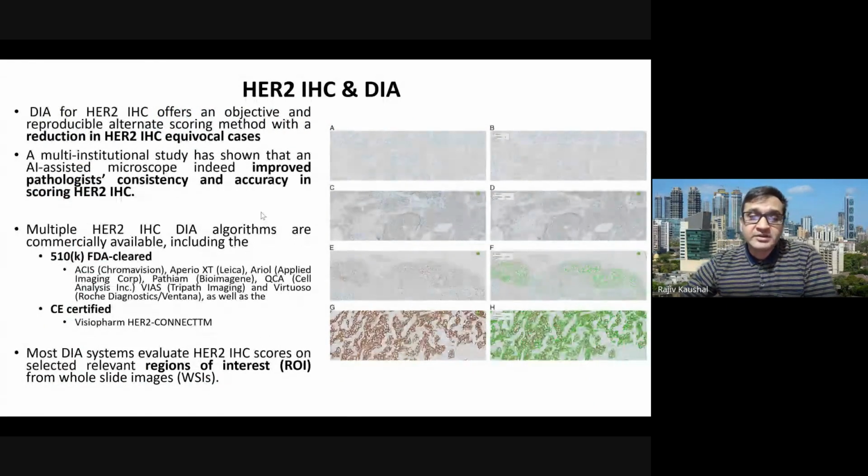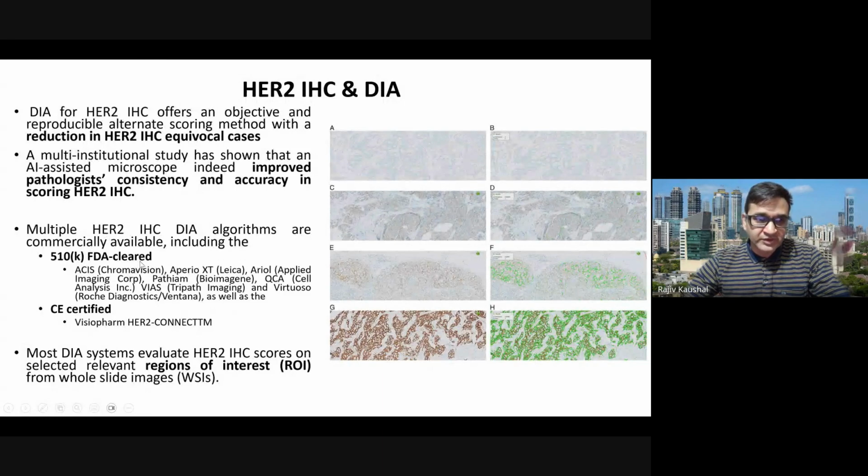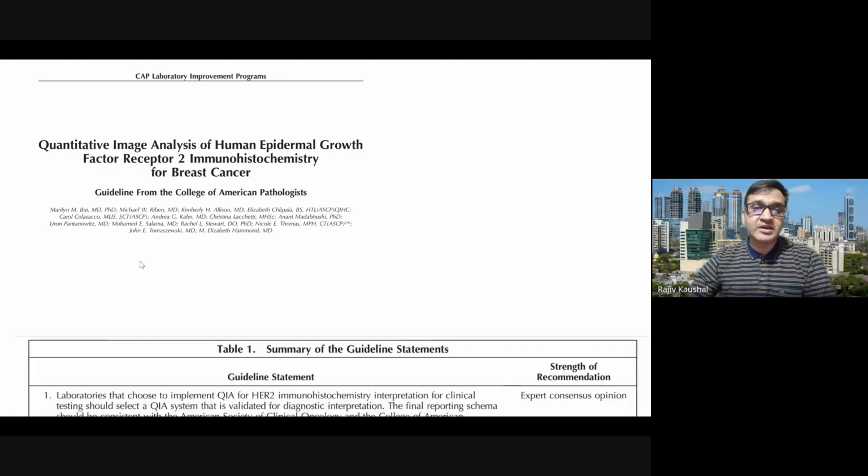HER2 is another biomarker for which these applications are being used, and now there are a few AI-based algorithms which got either CE or FDA approvals, and even CAP has also given some recommendations if you're using these, similar to the guidelines proposed for HER2 interpretation either by IHC or FISH. Now there are recommendations if you are using an AI-based application.